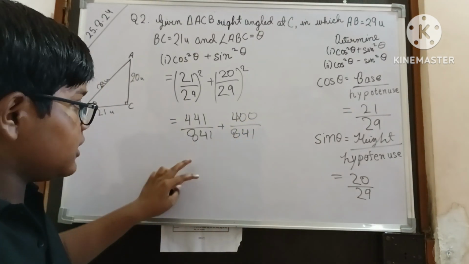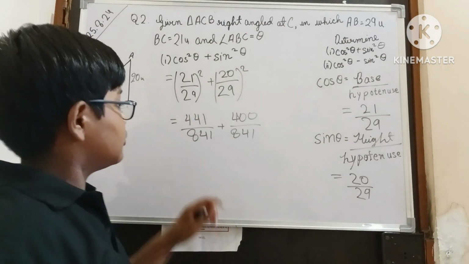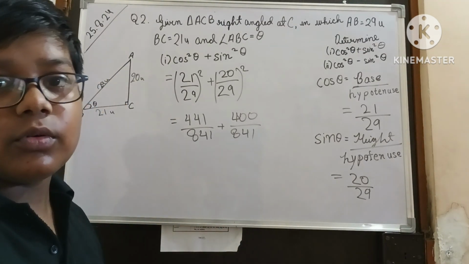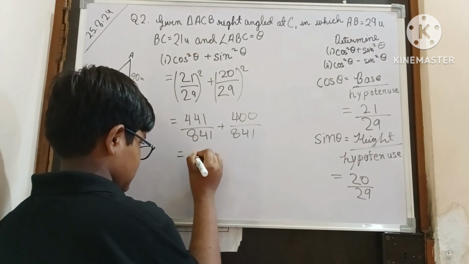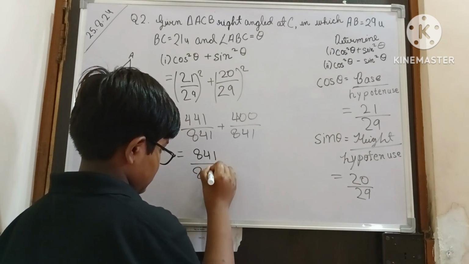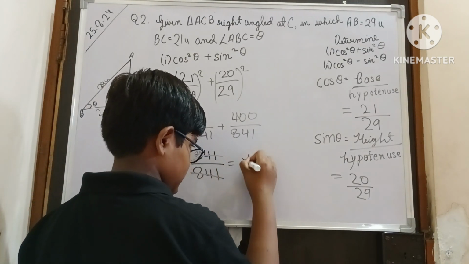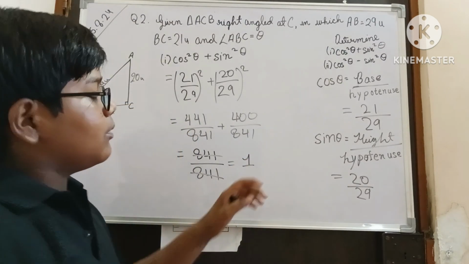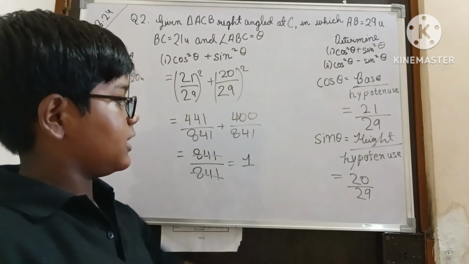So as our denominators are the same, these are termed as like fractions. So it will add up to 841 divided by 841, and it will be cancelled out, and the value of cos squared theta plus sin squared theta becomes 1.